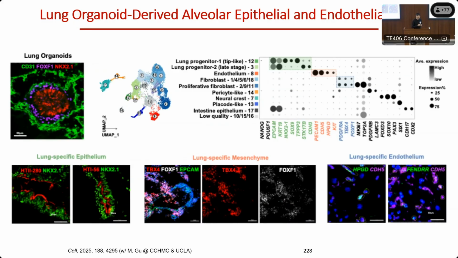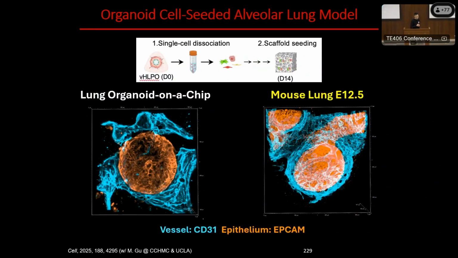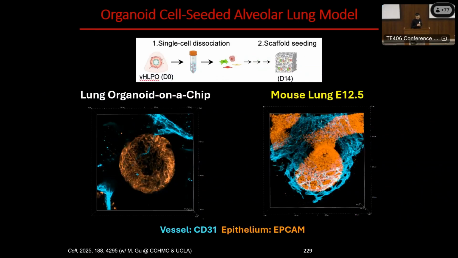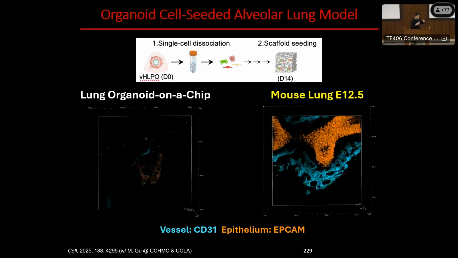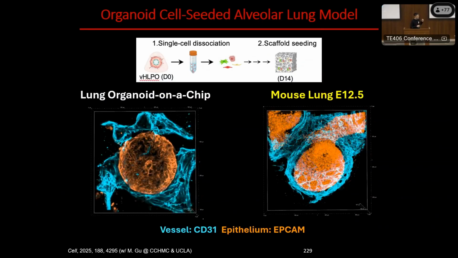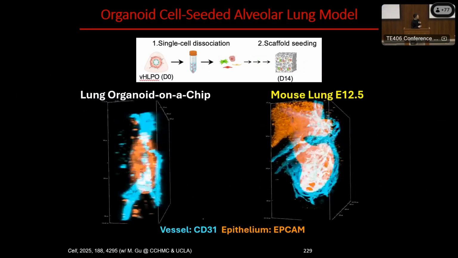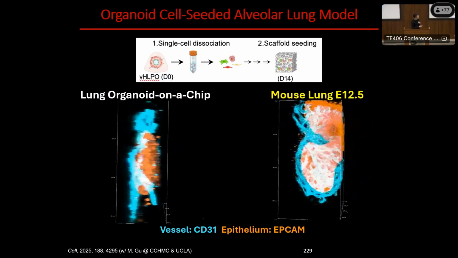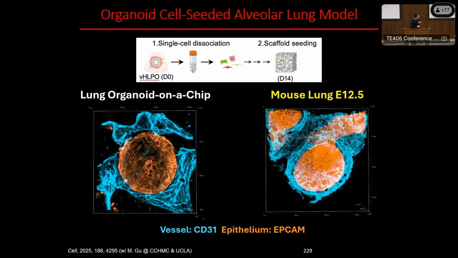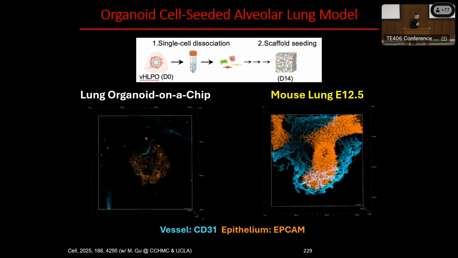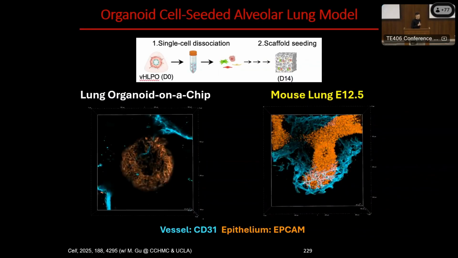So in the previous example, what we did together was that we isolated these different populations of cells into single cells, and then we reseeded them into the scaffolds that I just mentioned before.